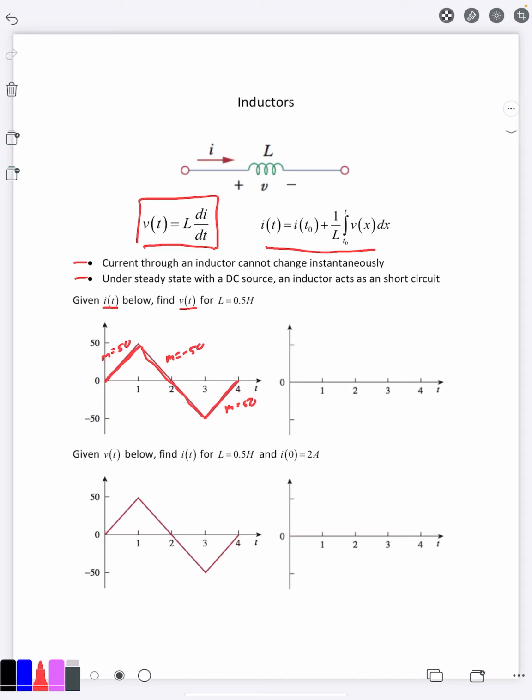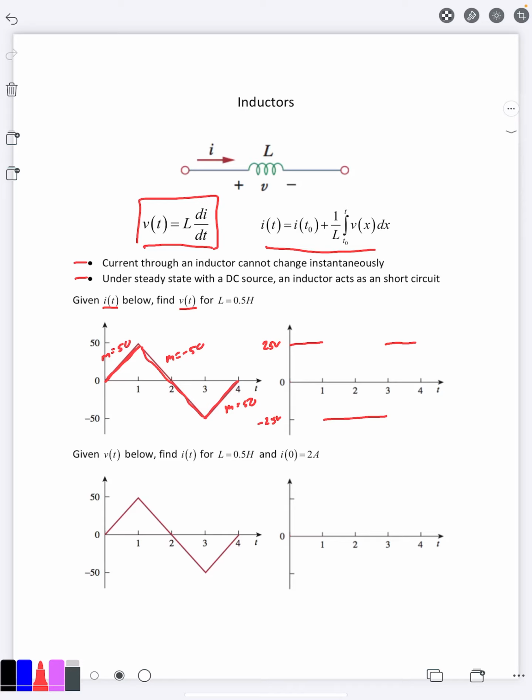If we multiply those by L, because the voltage is L times the derivative, and my L is half a Henry here, we are going to get a voltage of 25 volts up to 1, then down to negative 25 volts from 1 to 3, and then back up to 25 volts from 3 to 4.